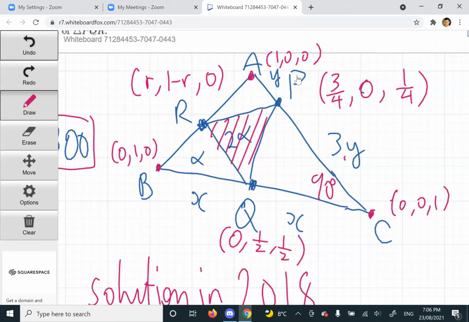It's just the ratio is R to 1 minus R. Alright, can people see what to do next?